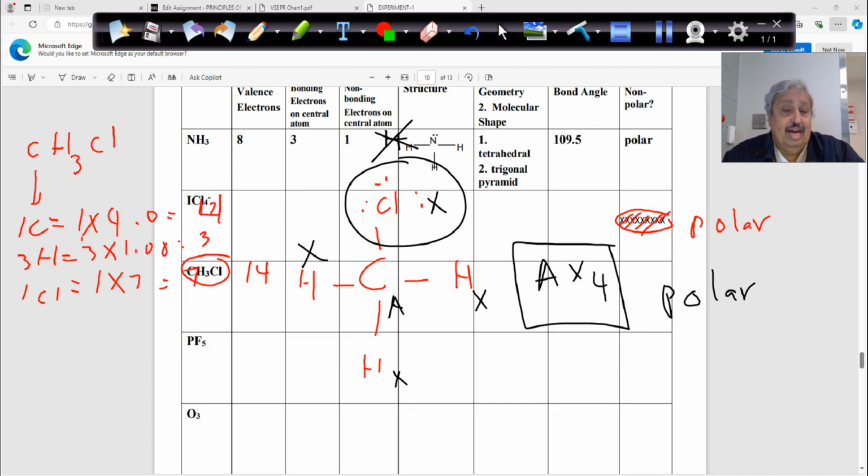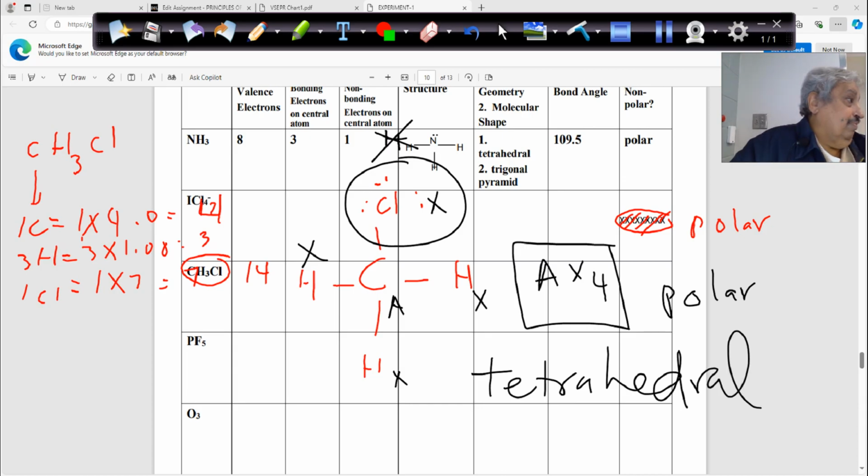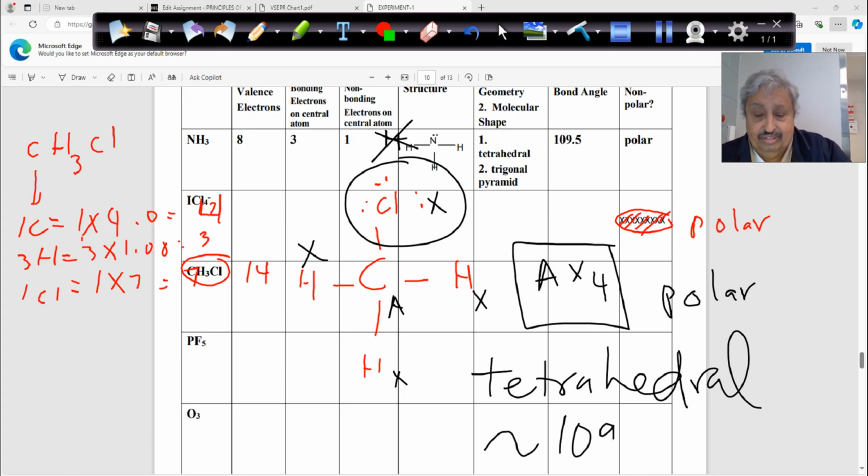Now, what will happen here, because we have no lone pair, the electron and the molecular shape are identical. Both of them are tetrahedral, believe it or not. They will differ if you have lone pairs. Electron geometry will differ from molecular geometry if you have a lone pair at the central atom. If you don't have, they are the same. The angle of the tetrahedral is around 109.5 degrees.